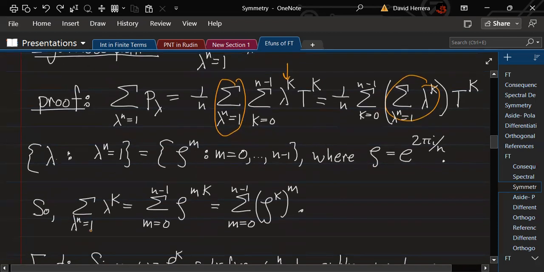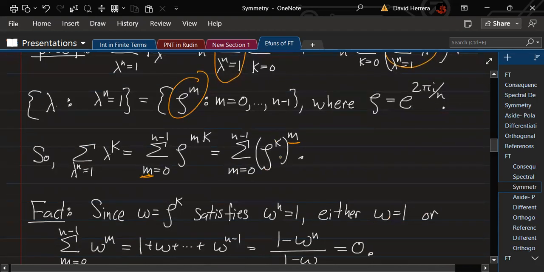The sum over lambda to the n equals 1 of lambda to the k is this thing, because lambda is this. And instead of different lambdas, I'm going to be summing from m equals 0 to n minus 1, so I'm summing a geometric series in terms of m, omega to the m.